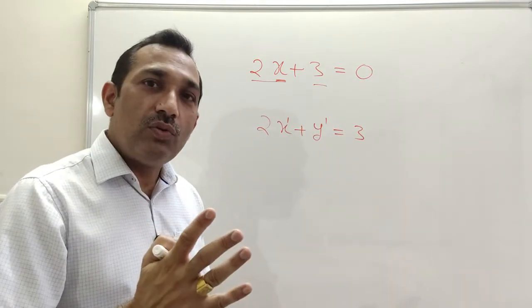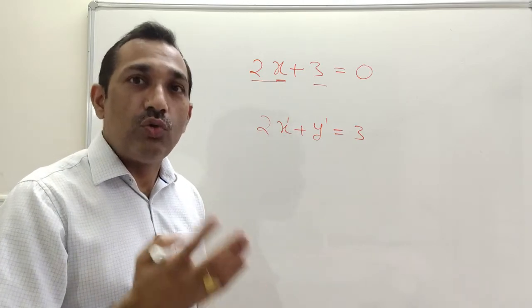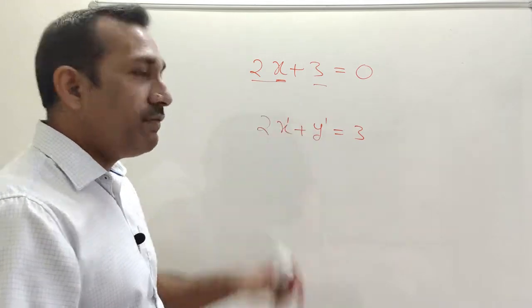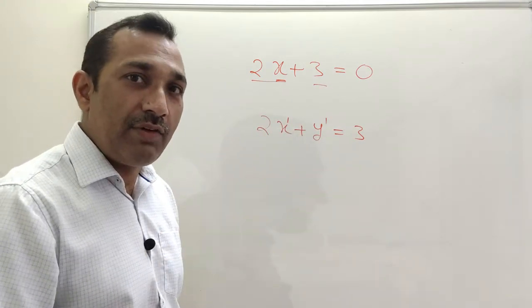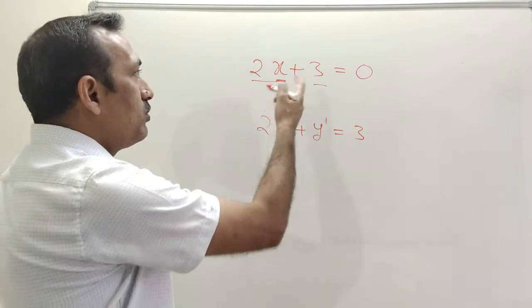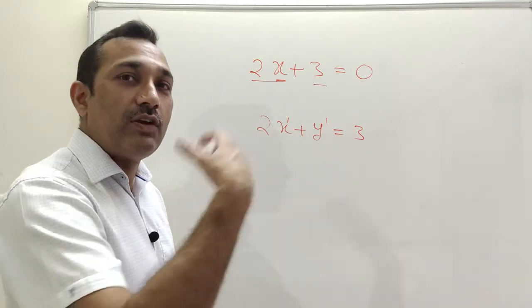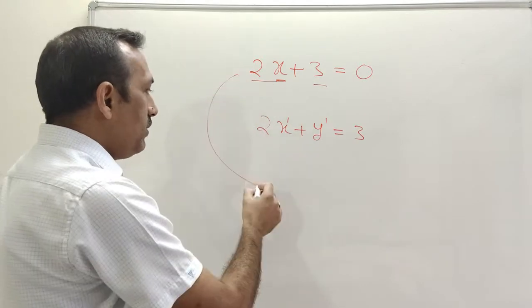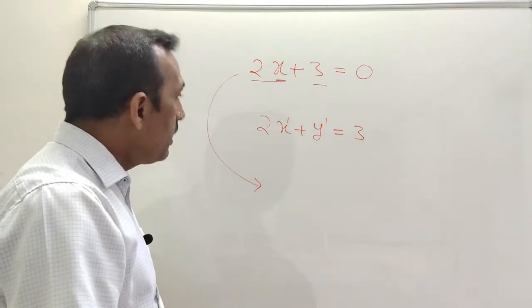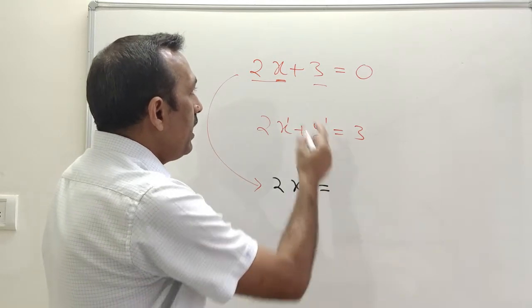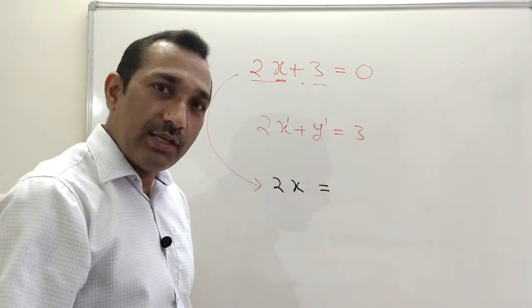Now let's look into their roots. Roots means when we find the value of the variable. You may be well aware of this from earlier classes. So how to do that? I need to keep the variable on one side and the constant on the other side. So let me keep 2x on one side and take 3 to the other side.